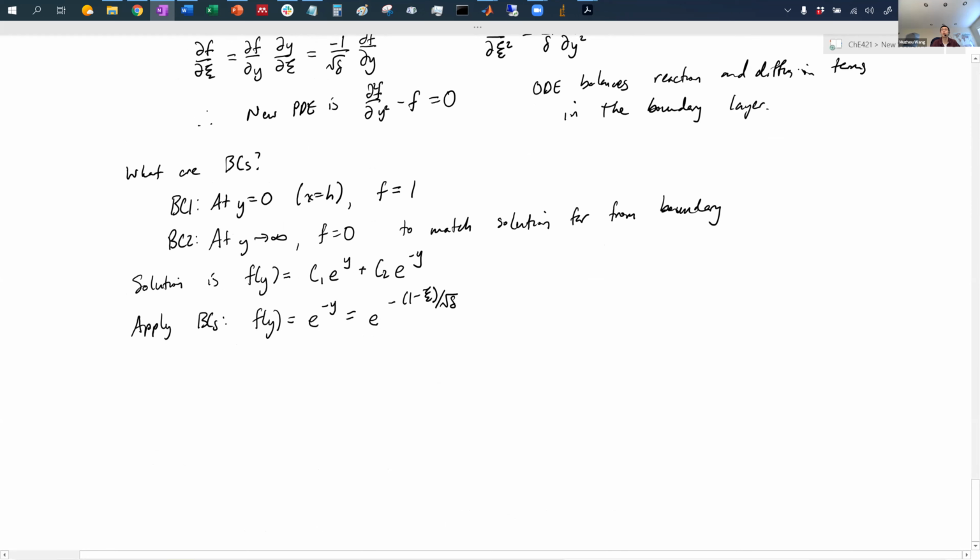Or maybe in terms of things that we can plot more easily, we were plotting everything in terms of epsilon earlier, right? Epsilon is just 1 over delta. So that's the solution. Okay. And so this is something that we can actually plot.